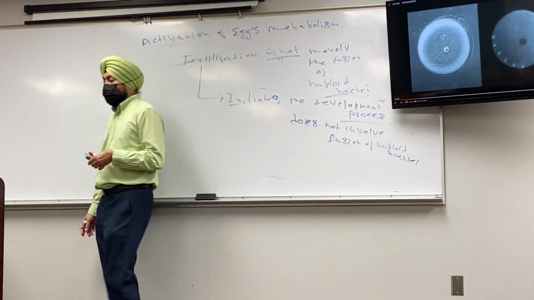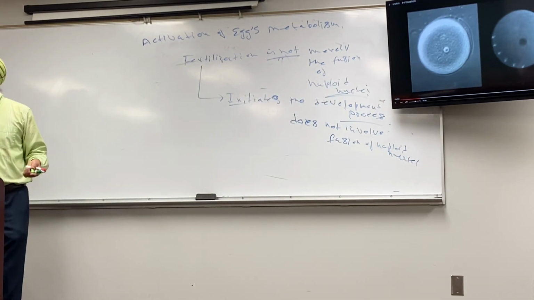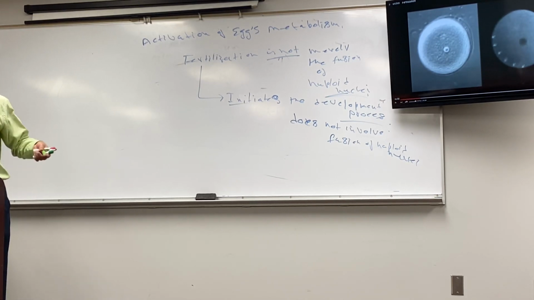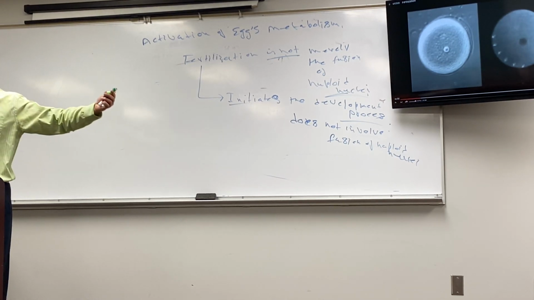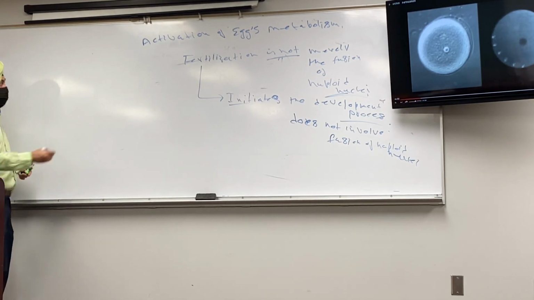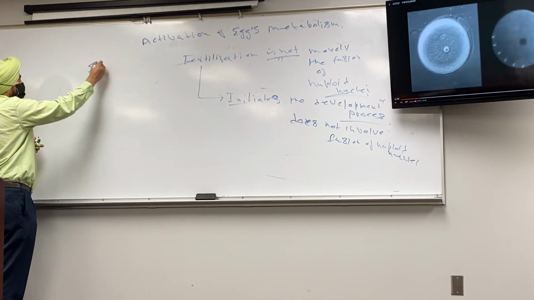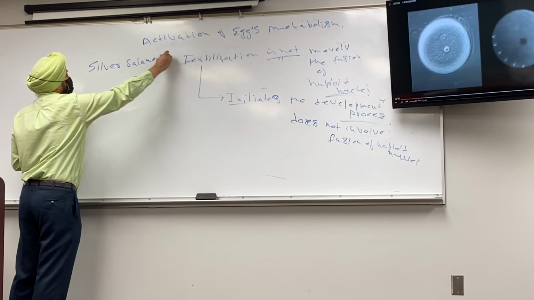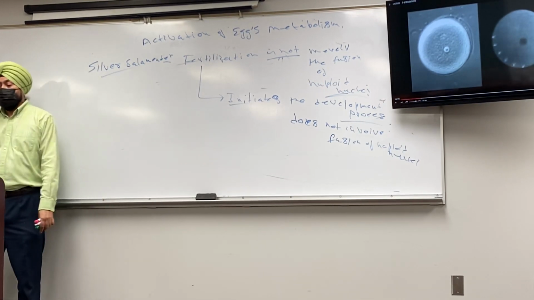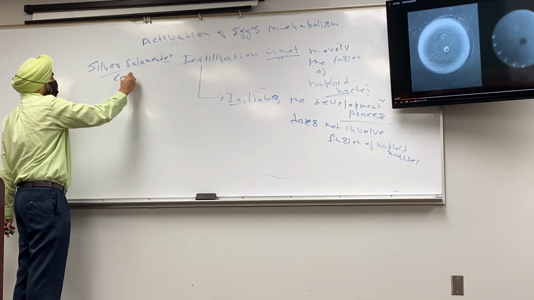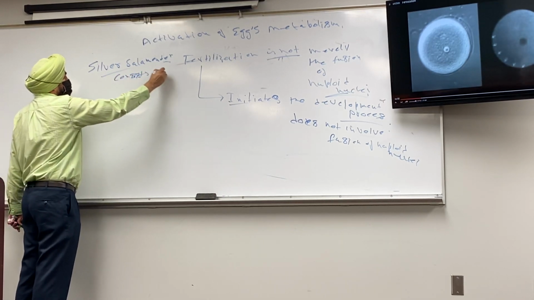So haploid nuclei, now let me say what I'm talking about. On one side I'm saying that the diploid nucleus is required, right? But I'm saying development can start even without the participation of the nuclei. There are actually examples. In a species we call the silver salamander, this species consists only of females.